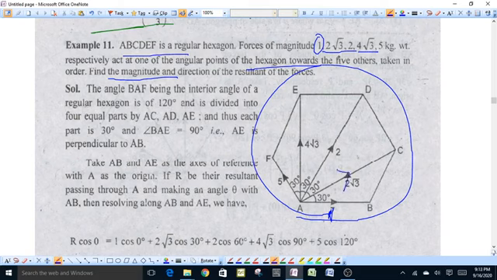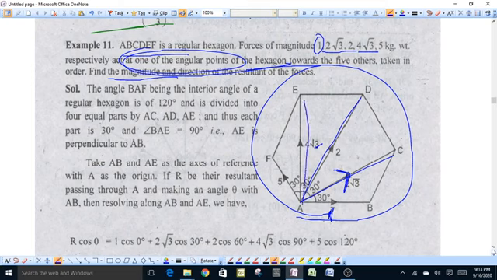This is along AC because we have been given that all these forces act at one angular point of the regular hexagon toward the 5 other vertices taken in order. The third force, 2, acts along AD. Next, 4 acts along AE, and 5 kilogram weight acts along AF.